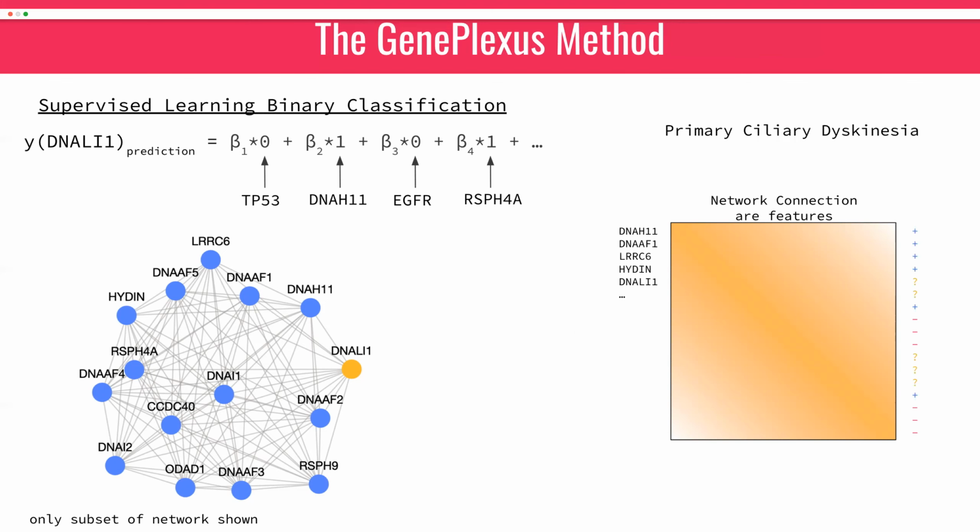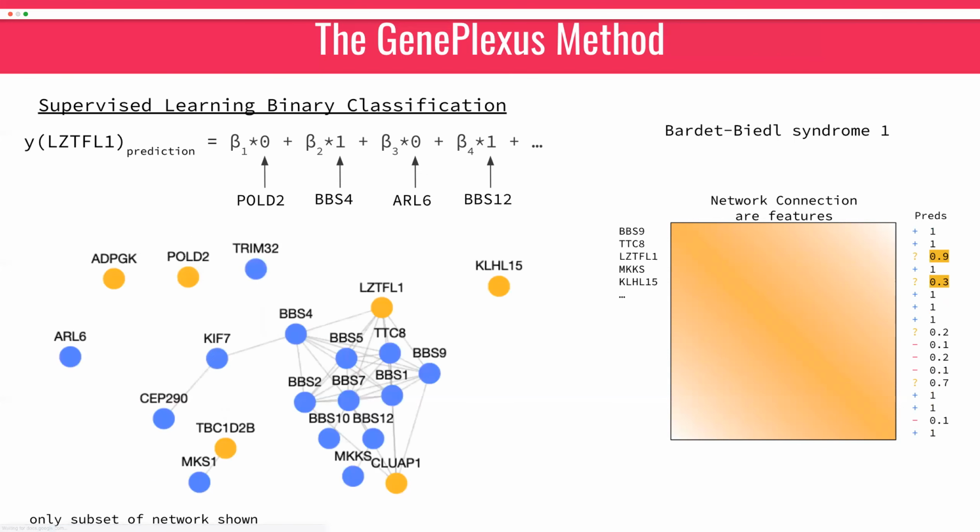For example, if you look at the disease PCD, in the network on the left, the blue nodes are known genes, the yellow nodes are unknown, and then we can also add in negative genes. Then we can train a model and predict, for every gene in the whole network, how associated it is to that positive class.